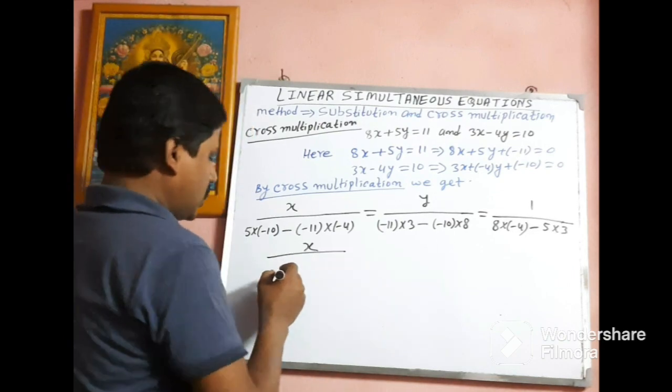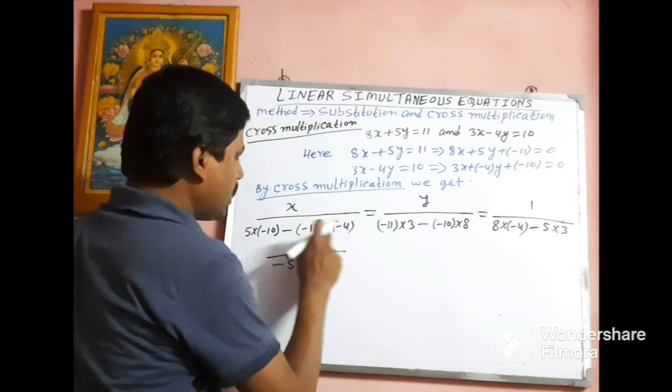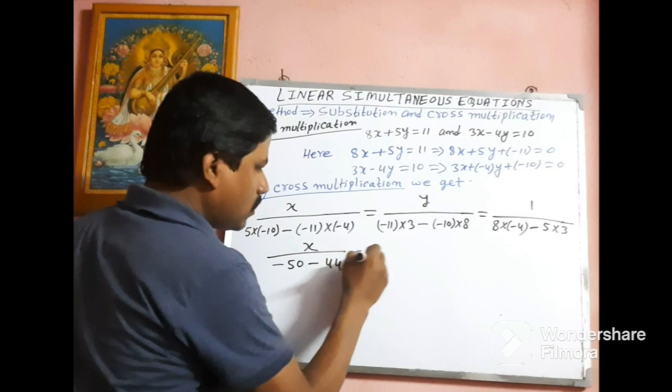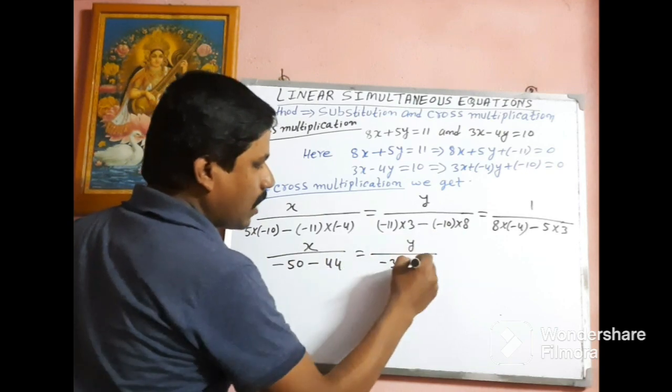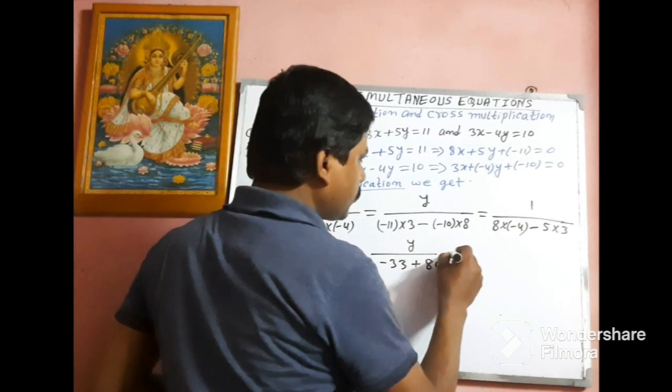Now calculate, then you get minus 50 minus minus, so this will be minus 44. Similarly here y, and then this is minus 33 and minus plus, this will be 80.